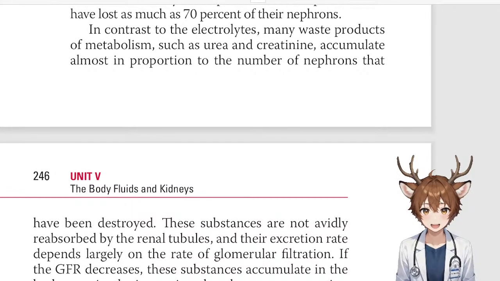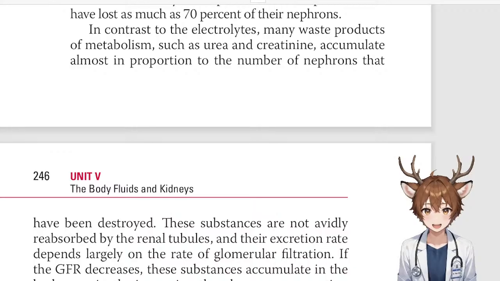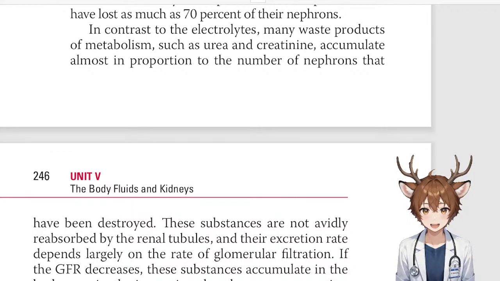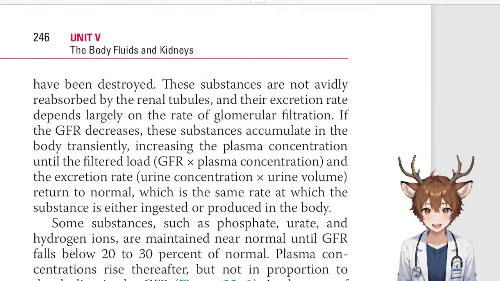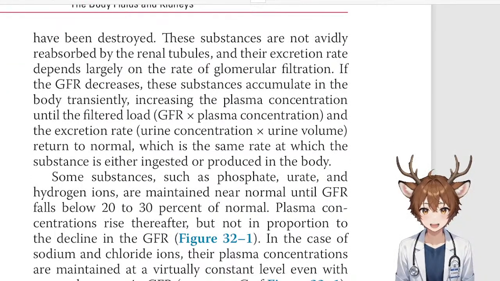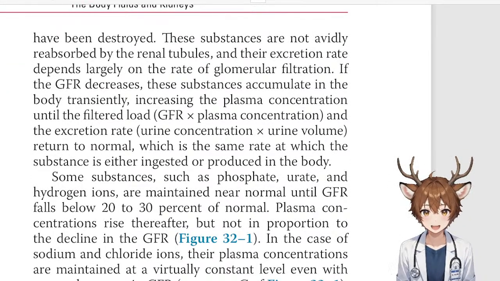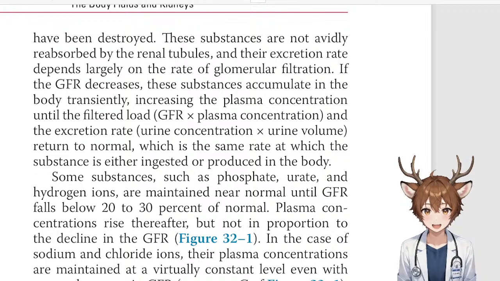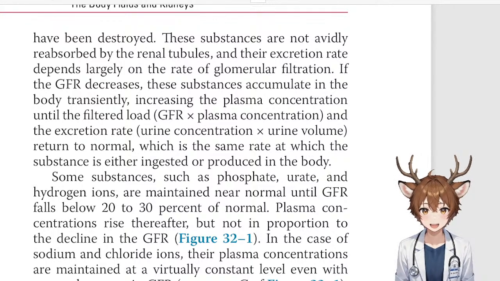In contrast to the electrolytes, many waste products of metabolism, such as urea and creatinine, accumulate almost in proportion to the number of nephrons that have been destroyed. So not so fortunate in that case, I suppose. These substances are not avidly reabsorbed by the renal tubules, and their excretion rate depends largely on the rate of glomerular filtration.